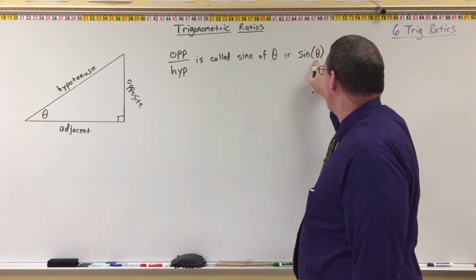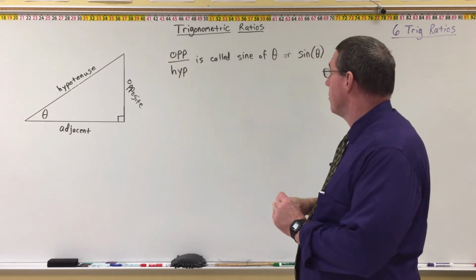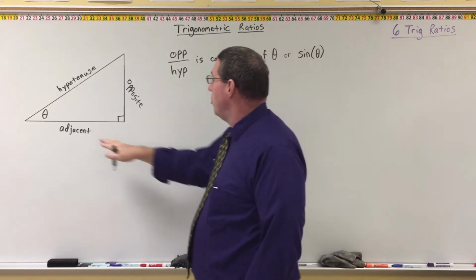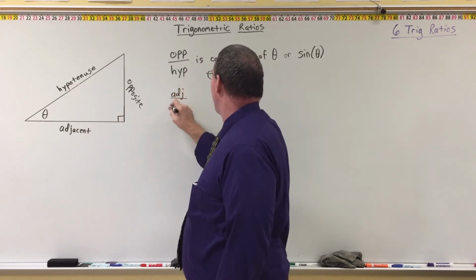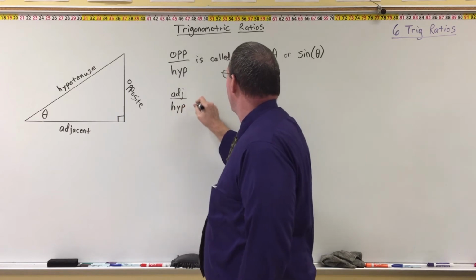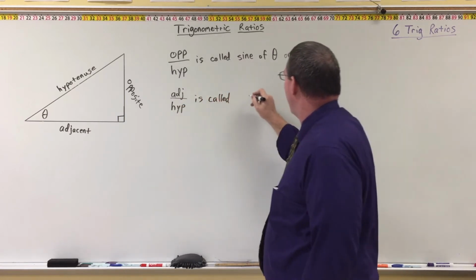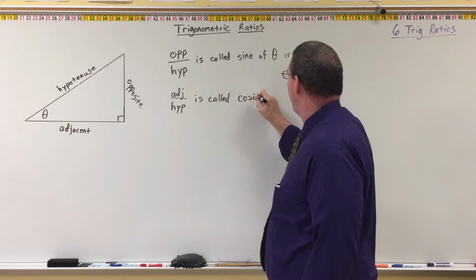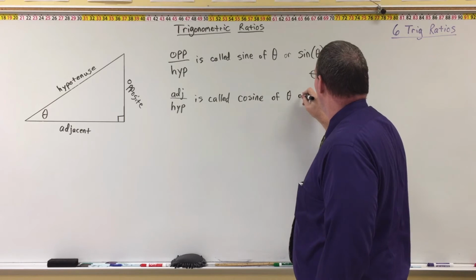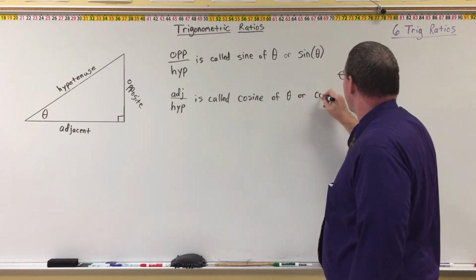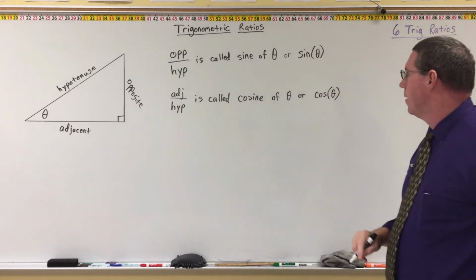So sine of theta is the ratio opposite over hypotenuse. All right, now let's do adjacent over hypotenuse. Adjacent over hypotenuse is called the cosine, C-O-S-I-N-E, the cosine of theta, or COS of theta, okay?